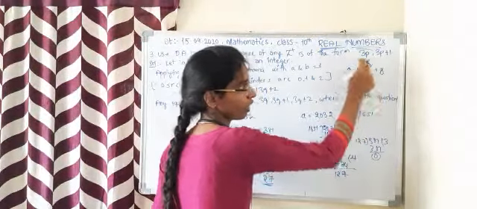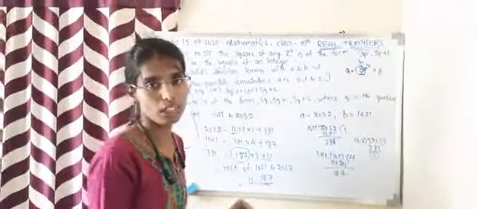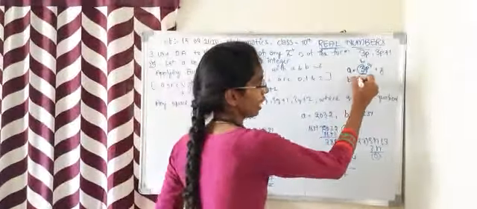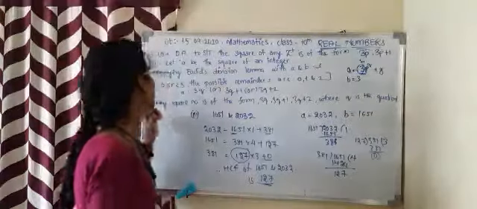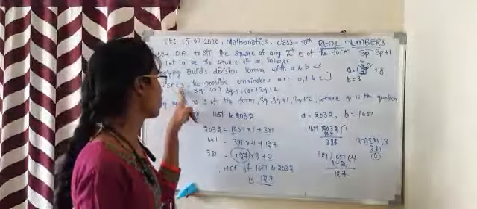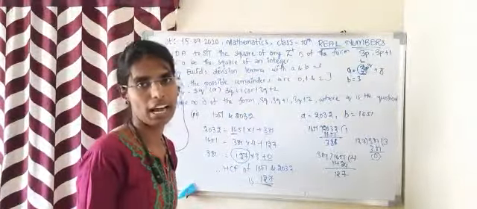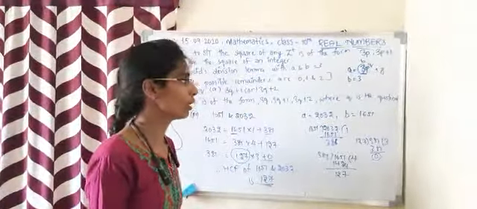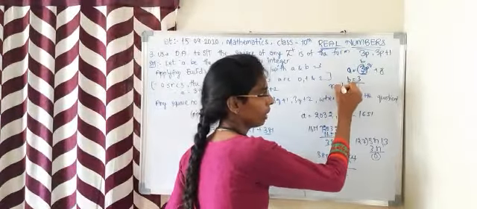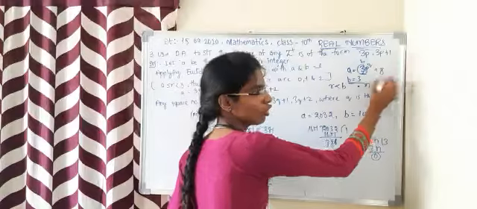Since 0 is less than or equal to r and r is less than 3, the possible remainders are 0, 1 and 2. Here, as the B value is 3, the r value should be less than B. That means r can be 0 or 1 or 2.